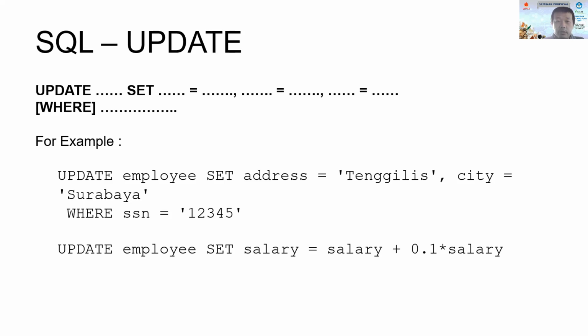For this one, we need to make sure that we use the primary key for the constraint. Otherwise, if we use the update statement as the bottom one, it means that we will update all data, not just one data. If we want to update just one data, we need to provide the primary key in the where constraint.